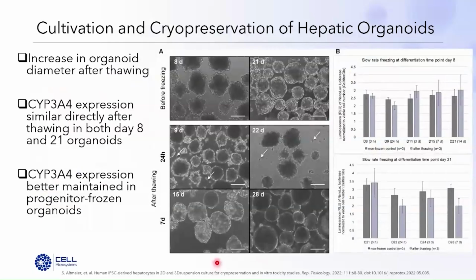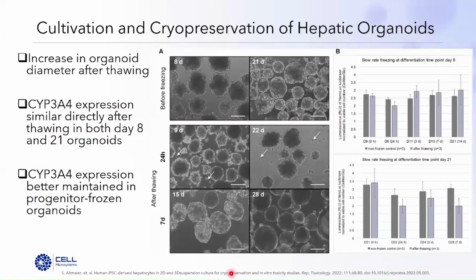So here in the images, on the left, you have the day 8 organoids. On the right, you have day 21. And you can see them before and after freezing and out to 7 days in culture. With both of them, there's an increase in organoid diameter, and they seem to recover well from thaw.